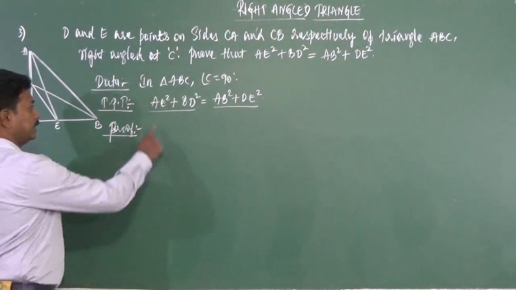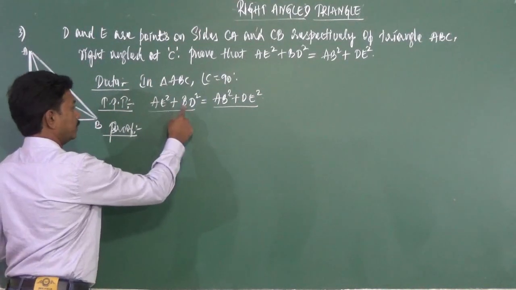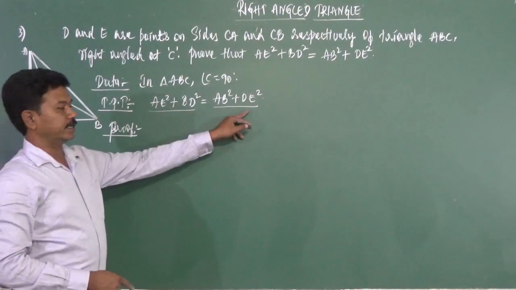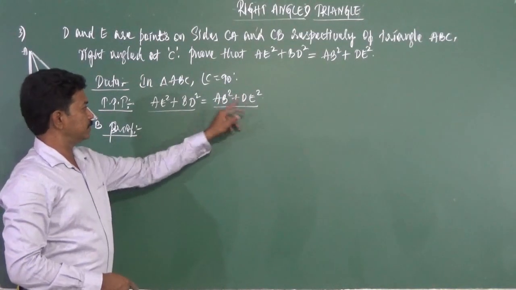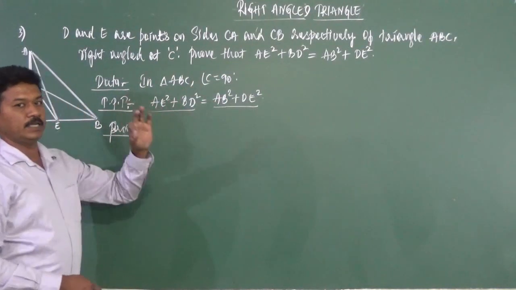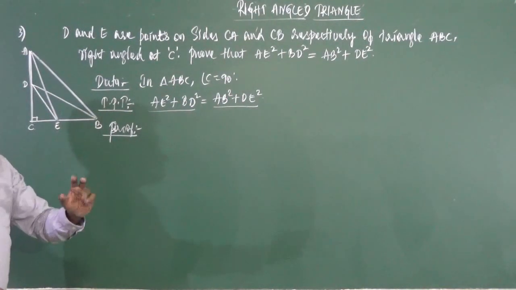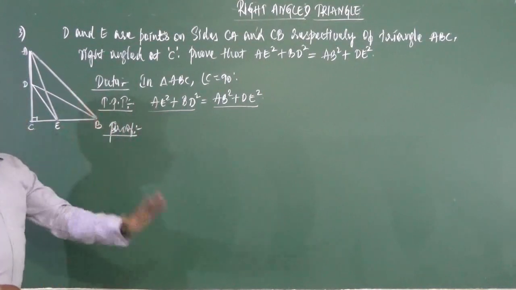So if you define AE square plus BD square and take a sum of these two by managing with the Pythagoras theorem, surely you are going to get this. Or if you find out this, take a sum of this, using Pythagoras theorem, you are going to get this. So this is the only logic behind working riders on Pythagoras theorem for 2 marks. Very simple. Wherever you go, you have to apply Pythagoras theorem.